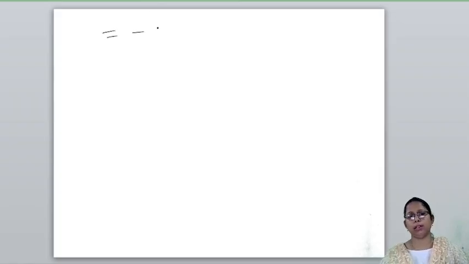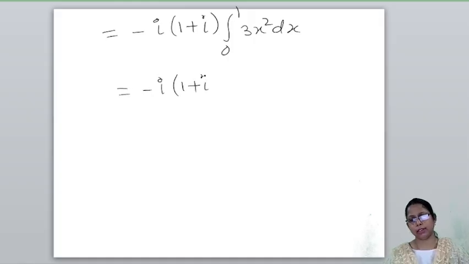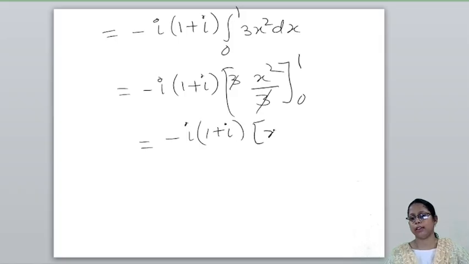So minus i times 1 plus i comes outside. This is the integral from 0 to 1 of 3x squared dx, which is equal to minus i times 1 plus i times 3x cubed by 3 from 0 to 1. The 3 cancels out, so this is minus i times 1 plus i times x cubed from 0 to 1.